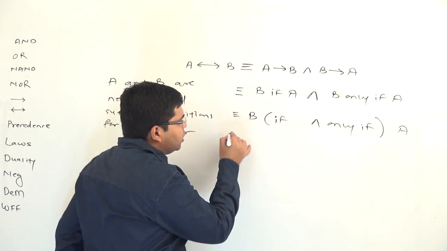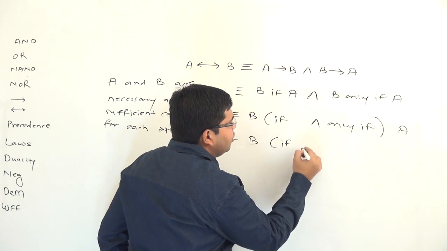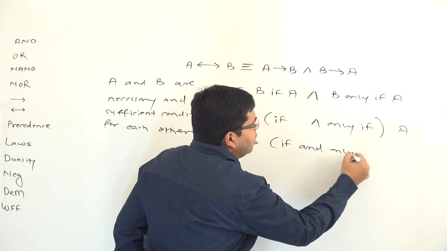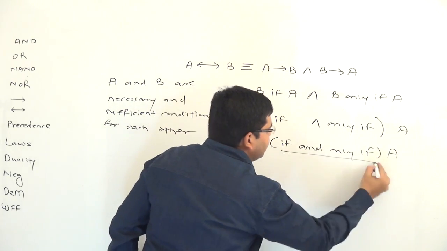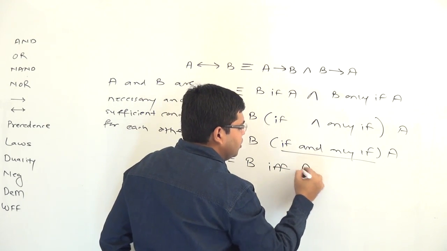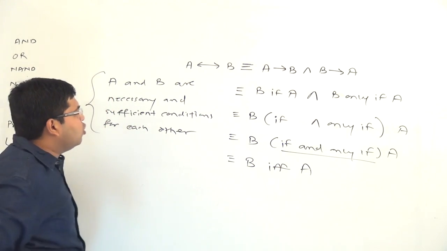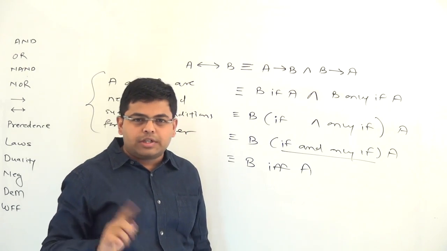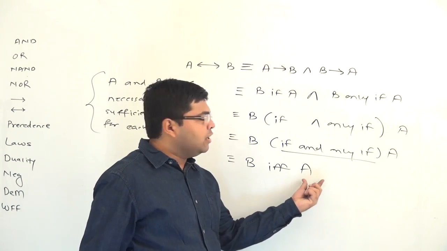If you combine it together, that will be called B if and only if A. That means this is one way to write that A and B are necessary and sufficient conditions for each other. This is another way to write it: B if and only if A.